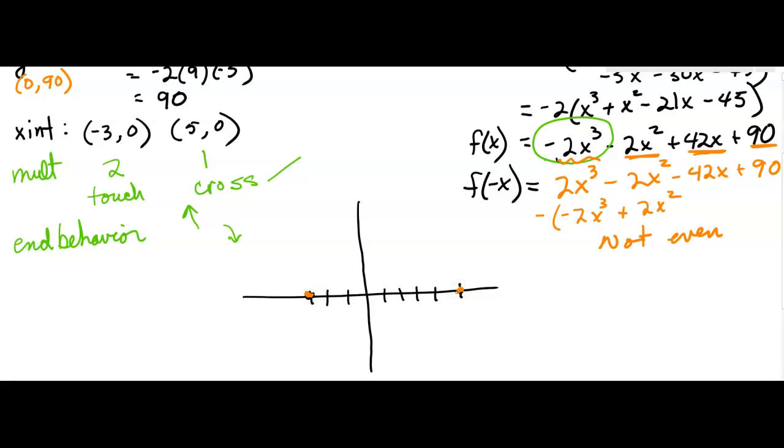I have the y-intercept that's way up there at 90. So maybe I want to count by 10s or 50s. Well, okay, maybe 25. I don't need to make it too far off the scale. But, well, we'll count by 10s.